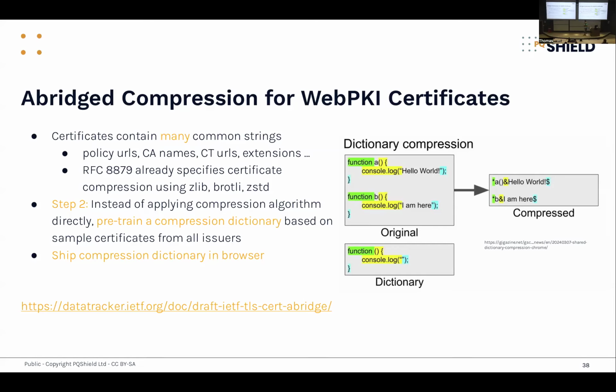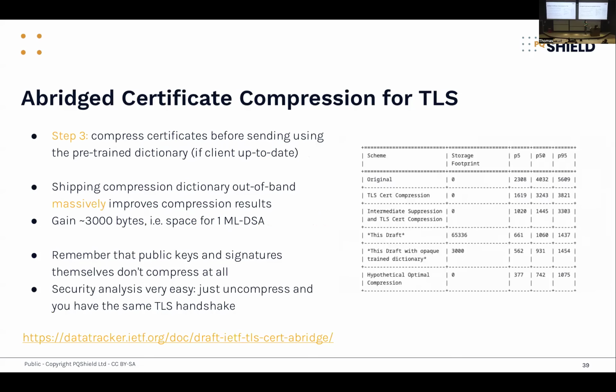And because this draft already proposes a system that allows you to indicate what version of the list of intermediate certificates you have, what if we build on top of that, and along with this list, we ship a pre-trained compression dictionary, and then we indicate not just the version of the list of intermediates, but also the version of the compression dictionary that we have. And then we don't need to send the compressed certificate as this plus this, but we can just send this instead. So that actually leads us to quite a lot of savings.